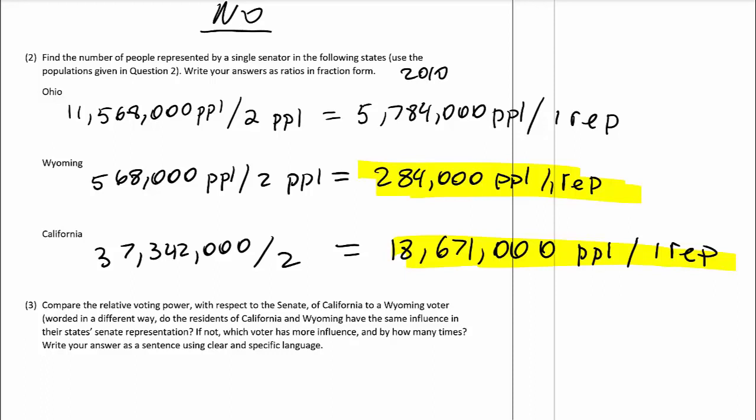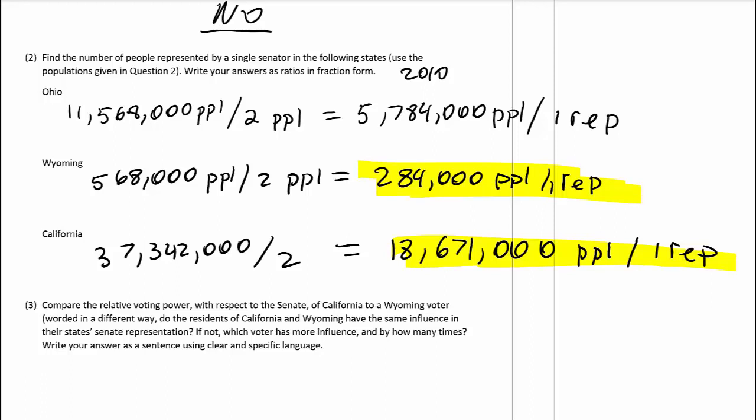First, I would like us to choose which person in which state has more access to their senator. In other words, whose vote will influence the senator more? A person in California or a person in Wyoming? Choose one. The right answer would be Wyoming. Why?